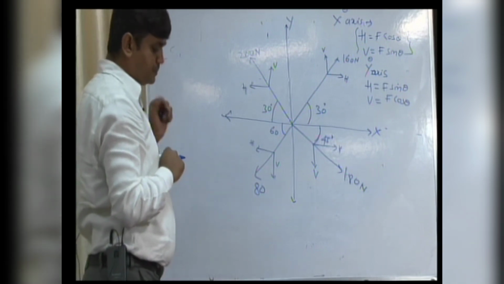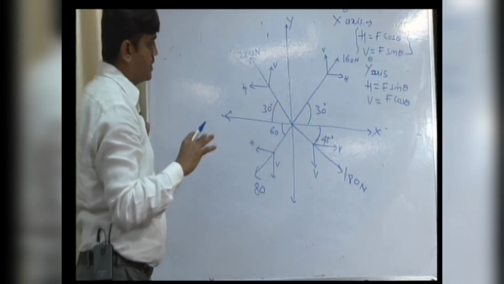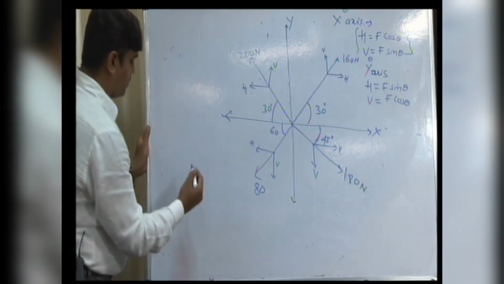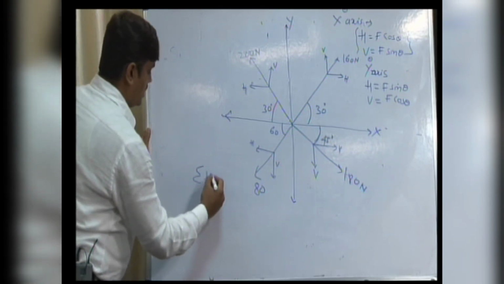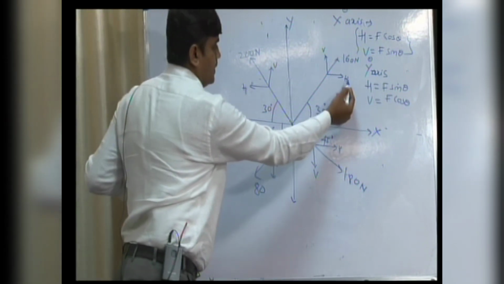Now let us calculate the sum of the horizontal components, sigma h is equal to. Now what is the sign of this?